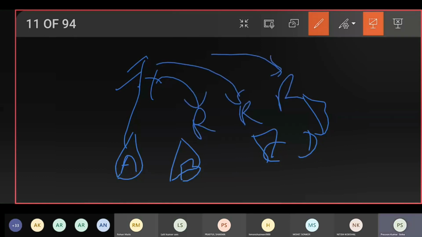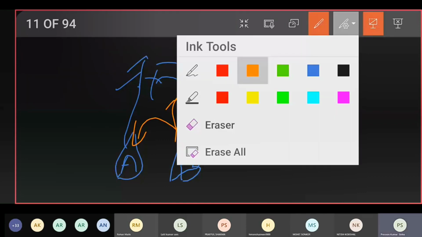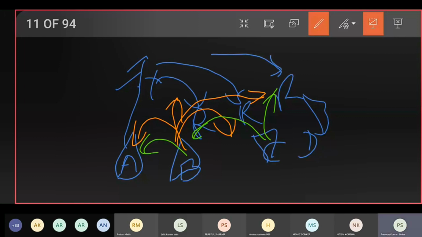When A is transmitting, B, C, D are only receiving. When B is transmitting, this is receiving, and this is also receiving. When C transmits, then all others are receiving only. So transmission is happening one at a time.